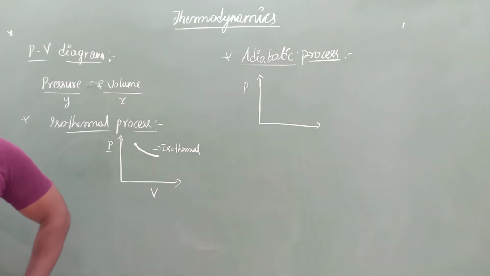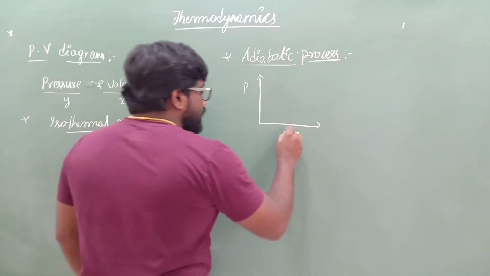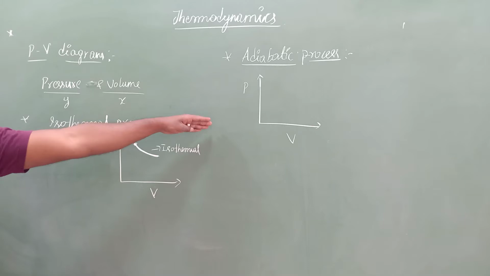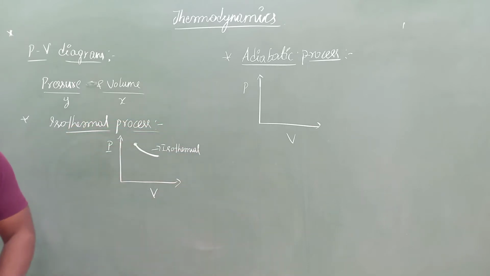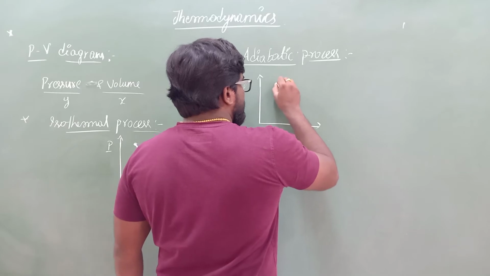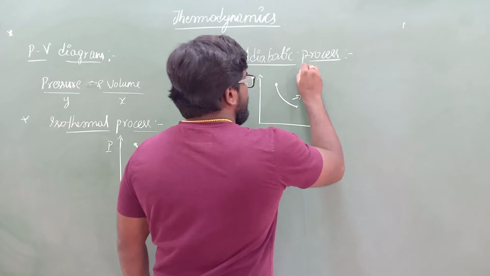Why? Because in adiabatic process there is no exchange of heat between the system and the surrounding, but all three thermodynamic variables go on changing. So now you will get a graph like this. This will be the expression for adiabatic.